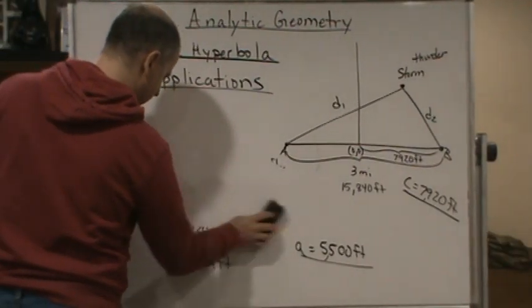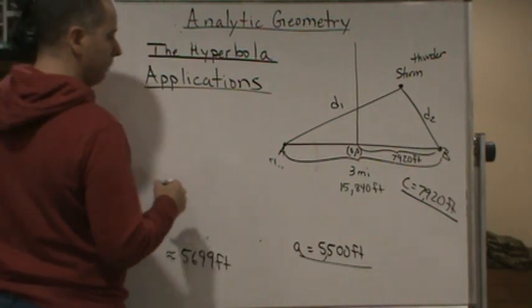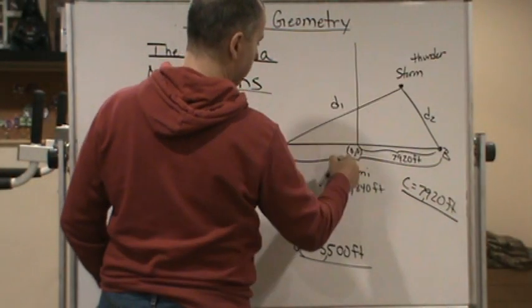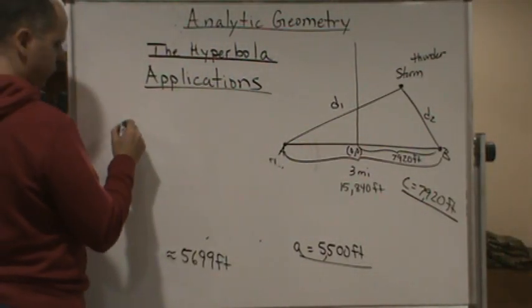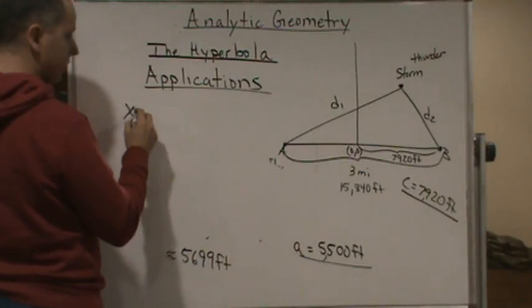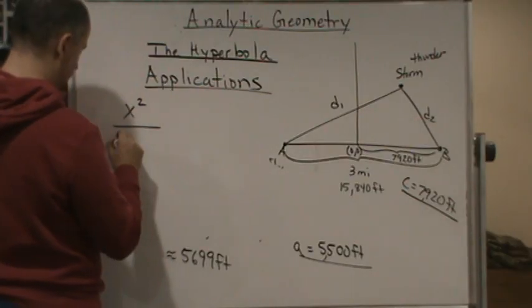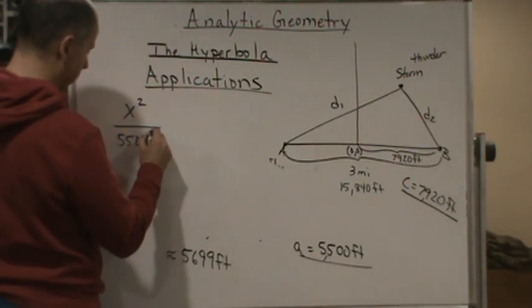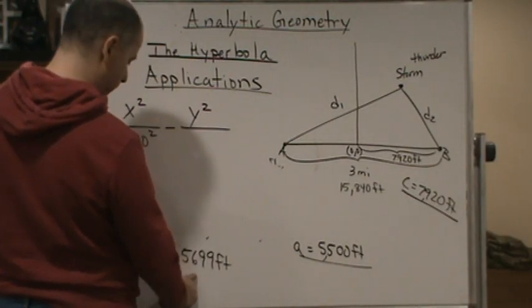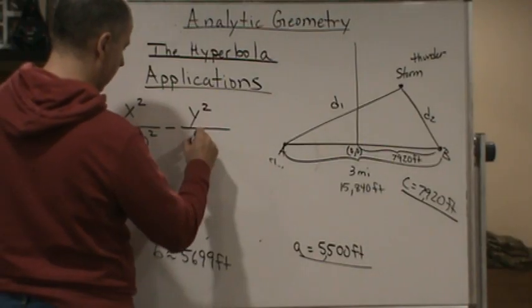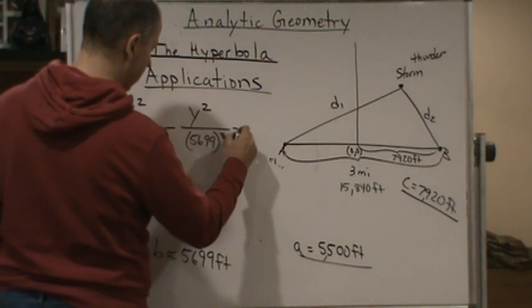Okay, so that means if we use this information to write our equation of the hyperbola, in this case we're going to go horizontal. So it's going to be x squared over 5500 squared minus y squared over our b squared, so this is b, 5699 squared, is equal to 1.